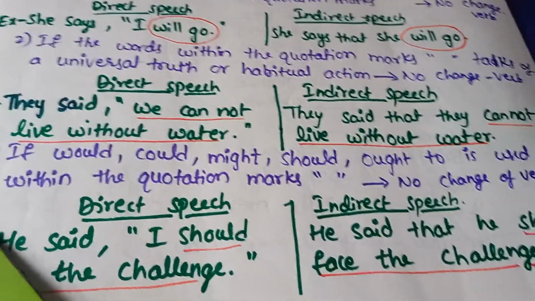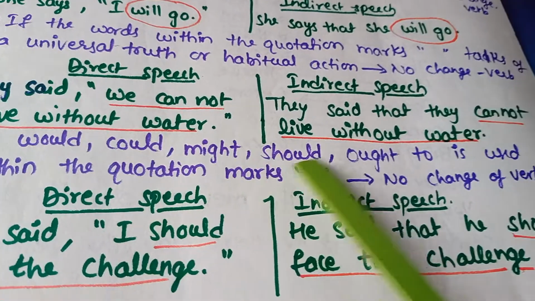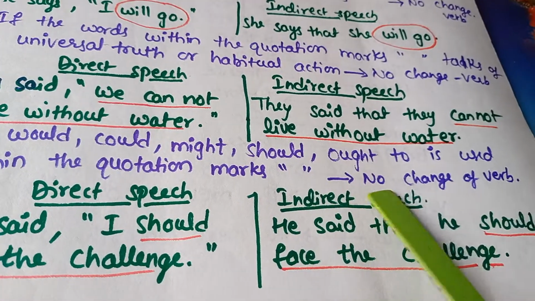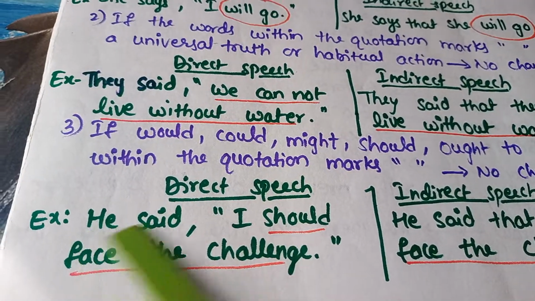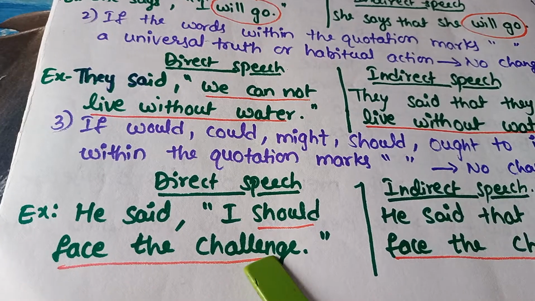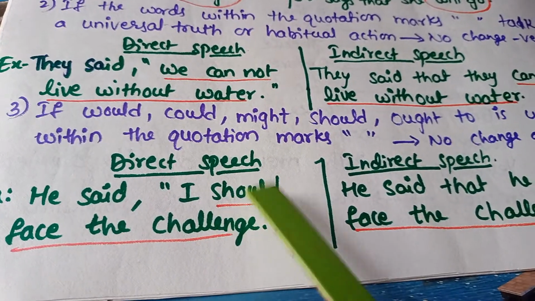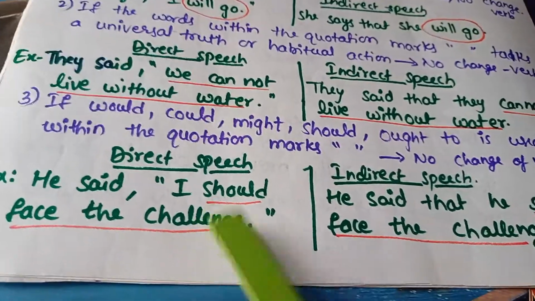Next, third point. If would, could, might, should, ought to is used within the quotation marks, there is no change of verb. In direct speech, he said, "I should face the challenge." Here should is given, so we should not change it.